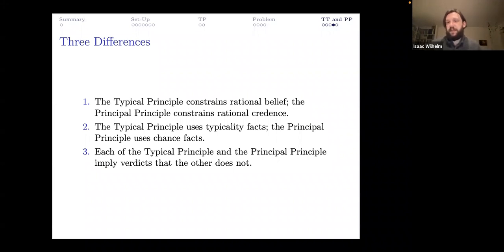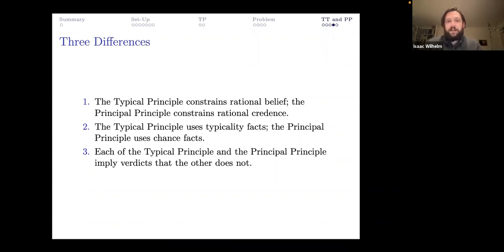There might be reason to think you actually need both rationality principles. So I'm going to close on this more conciliatory note. Here are three differences between the typical principle and the principle, to really show that these are very different sorts of principles of rationality.